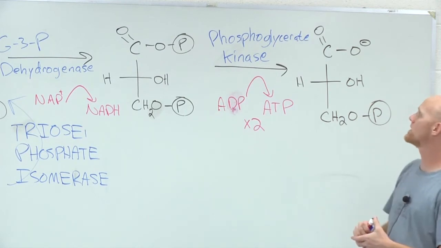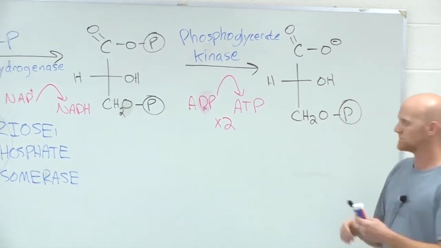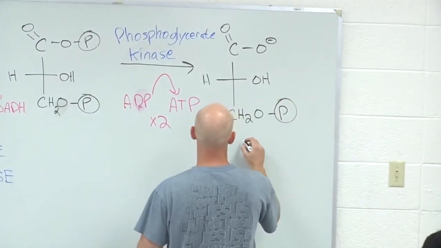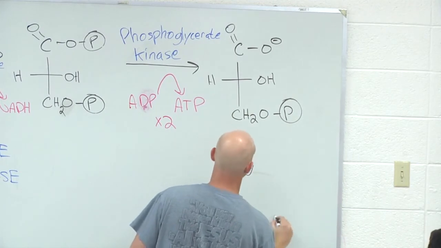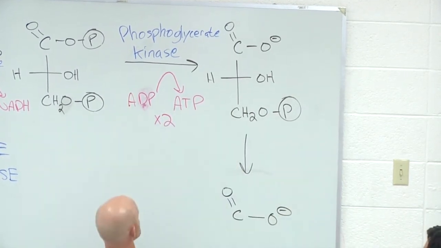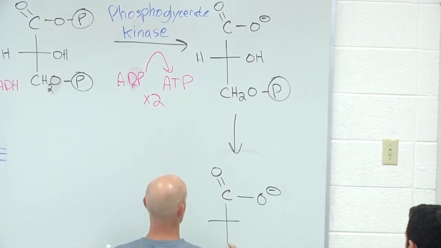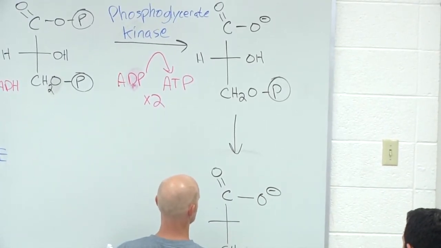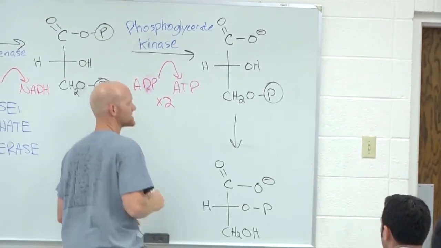Cool, where do we go from glycerate 3-phosphate? What do you suppose happens if this is glycerate 2-phosphate? Simple isomerization.